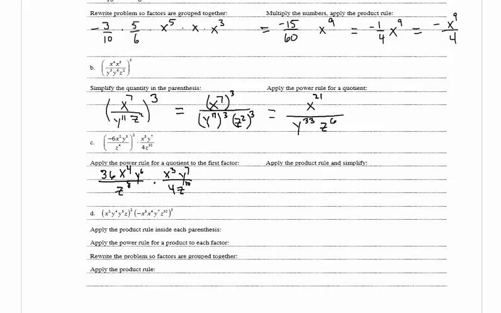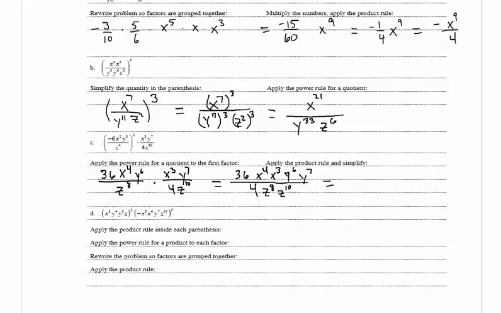And now it wants us to apply the product rule and simplify. Now I'm going to write this with all my factors grouped together that are the same. So I'm going to have 36 times x to the fourth times x cubed times y to the sixth times y to the seventh divided by 4 z to the eighth and z to the 10th.